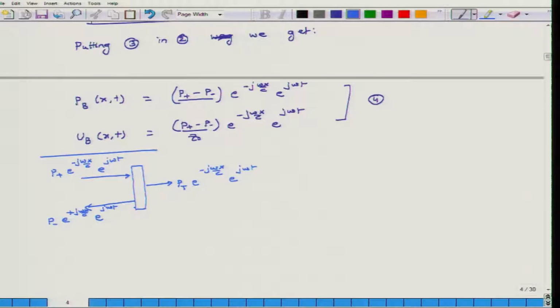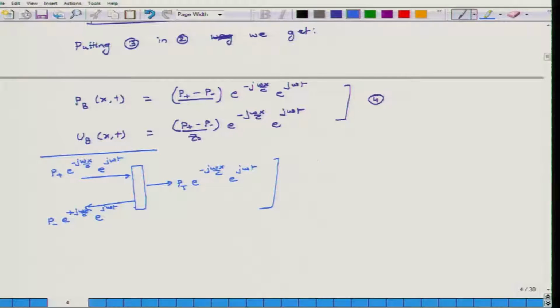Now, when this wall is acted upon by pressure on the transmitted side and pressure on the incident side, if the pressures are different, then this wall will move because it is free to move. How do we figure out the nature of this motion?